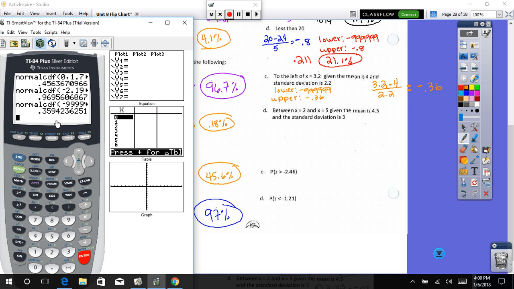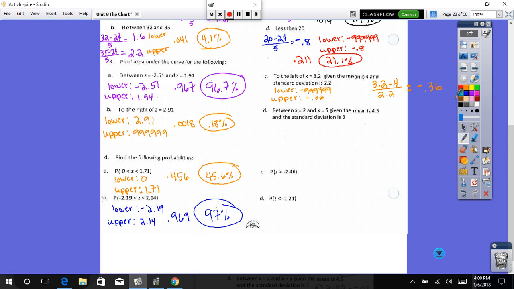Okay, and 0.359, which is about 36%. Letter D is between these two values, so I need two different z-scores here.